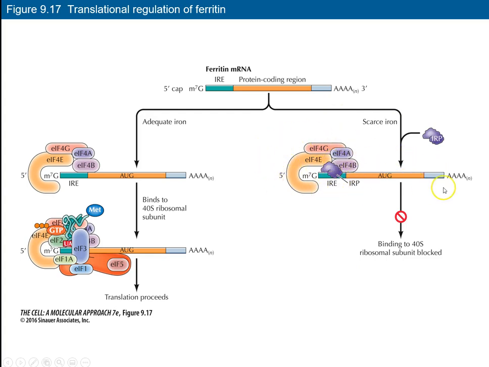Translation cannot be initiated because this blocks the binding sites of these initiation factors, basically the binding site of the 40S ribosomal subunit, but also other initiation factors that would come in. It disrupts and blocks all of the proteins and the ribosomal subunit that are necessary for initiation of translation. It blocks all of them. No translation.